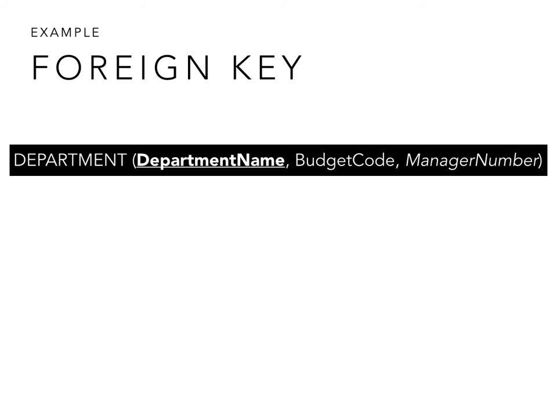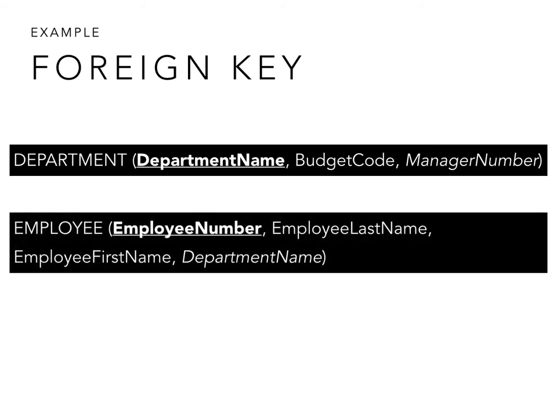The foreign key is the last key we're going to talk about. I know, what a relief. And we've seen this before. Foreign key just means that we are connecting two tables together. So in this case, in the employee relation, we have an employee number as our primary key.